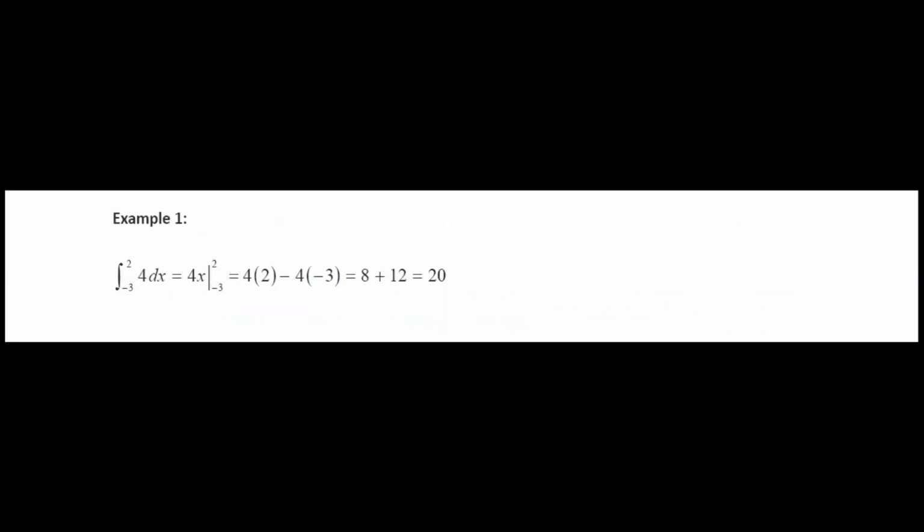Example 1 asks you, integrate 4 dx from -3 to 2. Well, the integral of 4 dx is 4x. Okay, that's the antiderivative. And if we were just finding the indefinite integral and we had no values listed between, in this case, -3 and 2, then the answer would be 4x plus c.